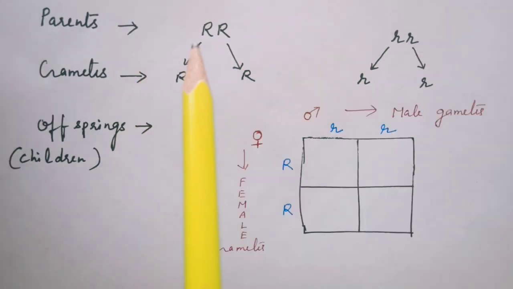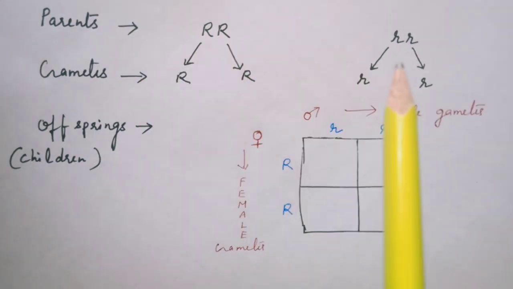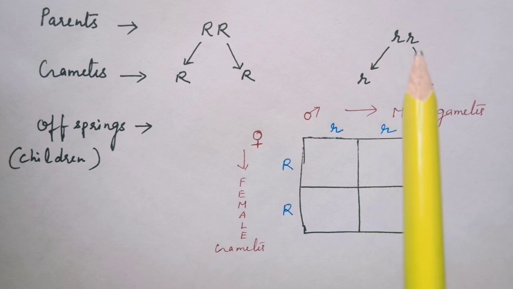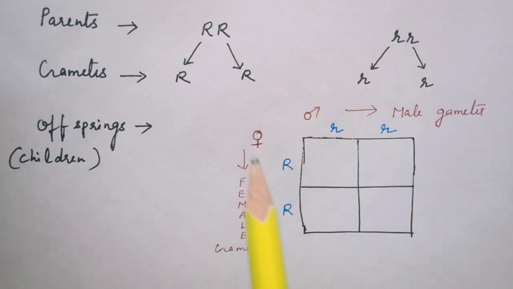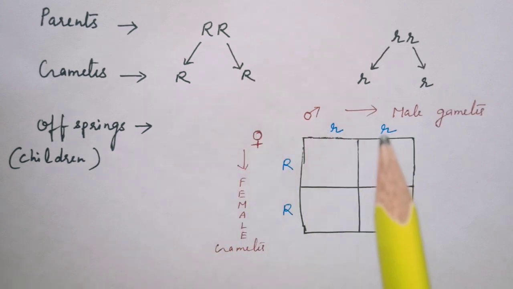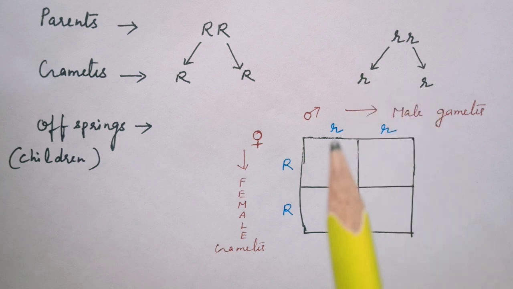Let us assume this parent as the mother and this parent as the father. This symbol is for females and this symbol is for the males. So on one side of the Punnett square we write the female gametes, capital R, and on the other side of the square we write the male gametes, small r and small r.